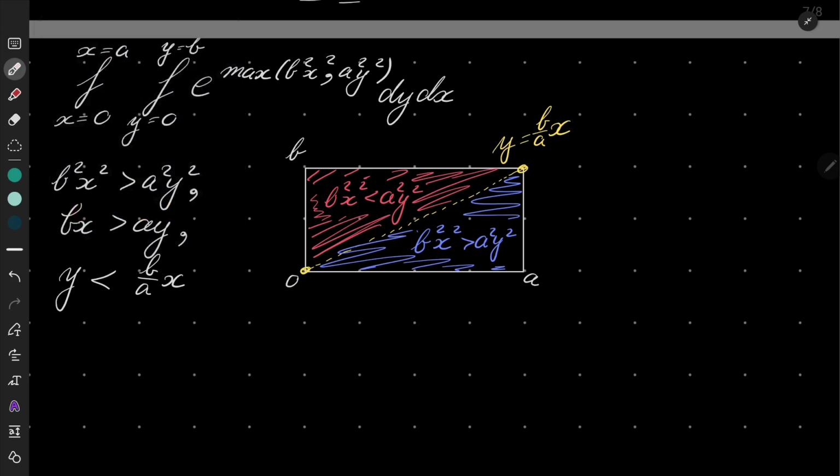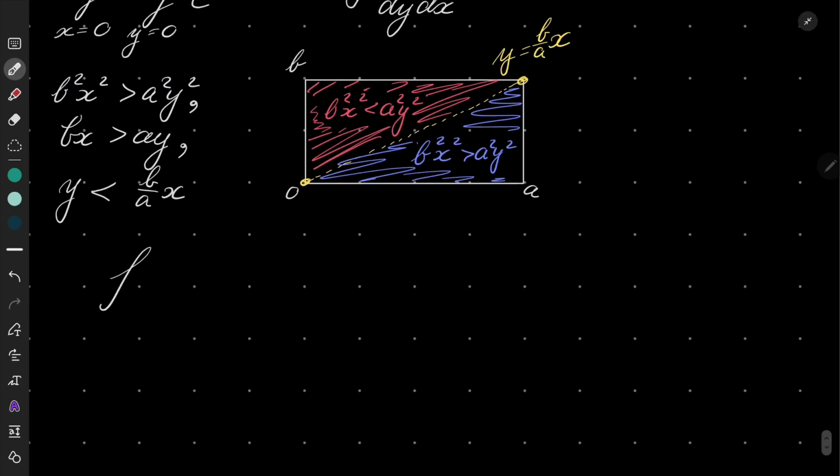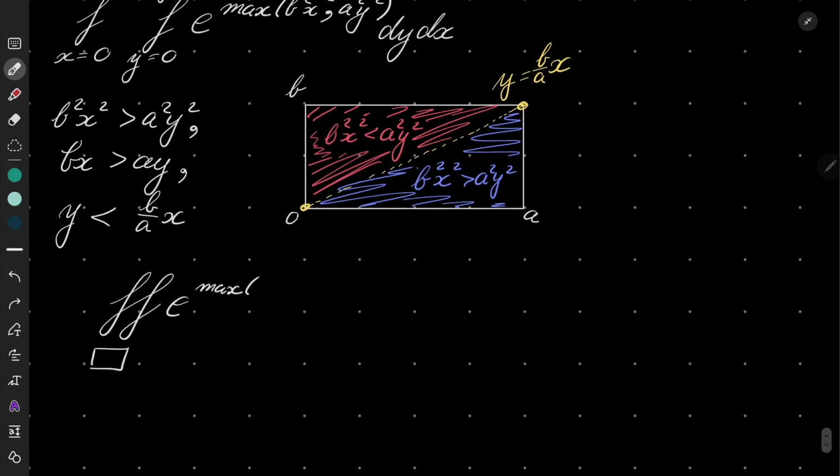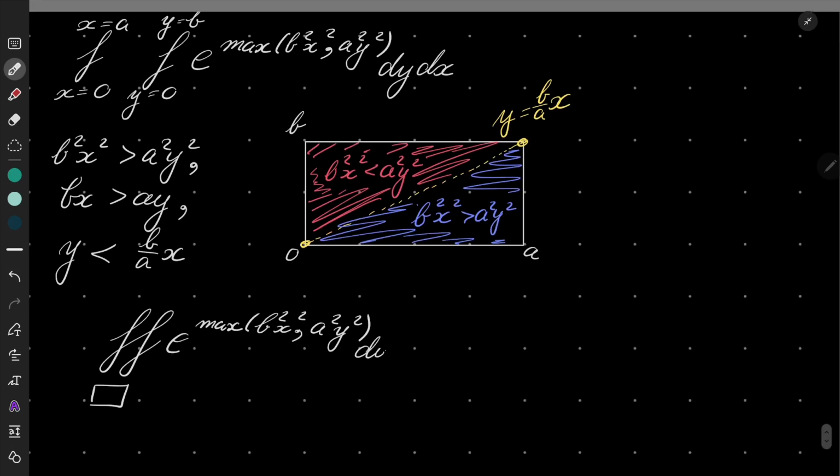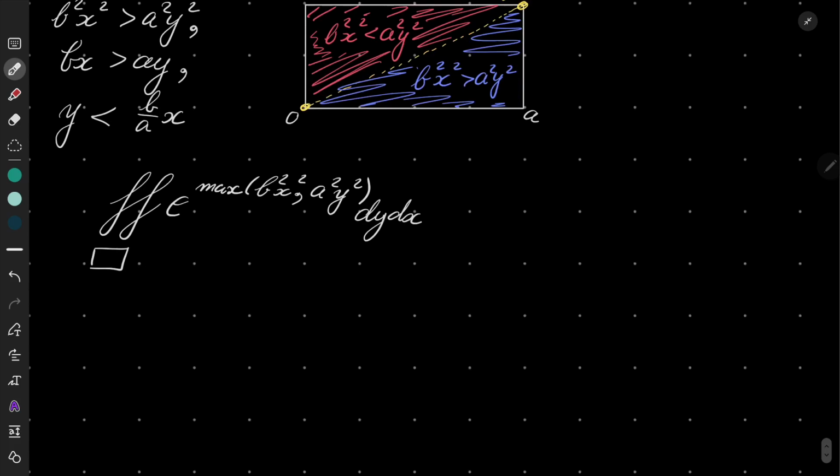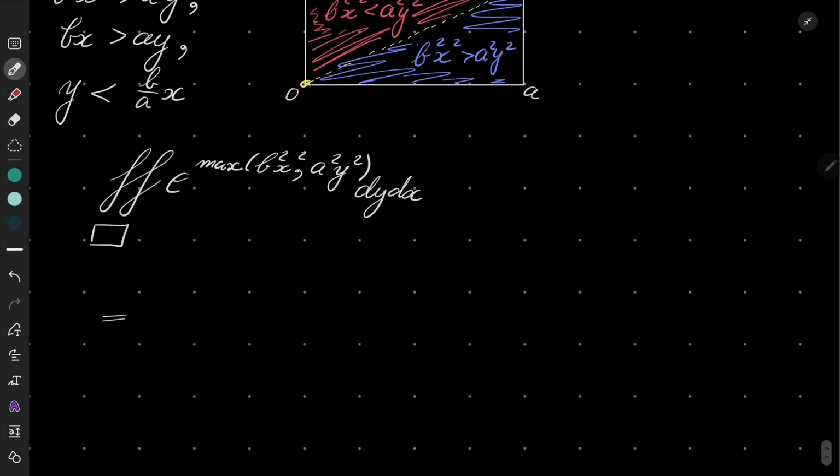So now our double integral over our rectangle of e to the power maximum of b squared x squared, a squared y squared, dy dx, we can split into two integrals.